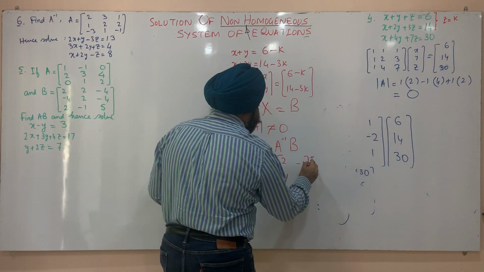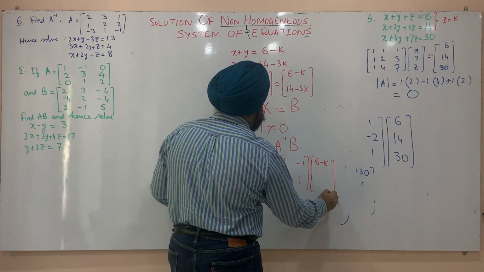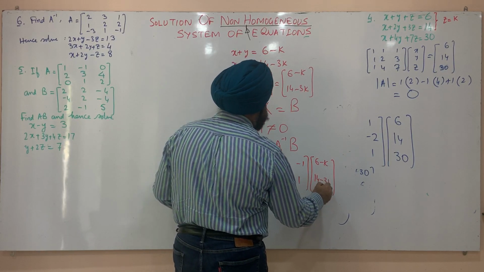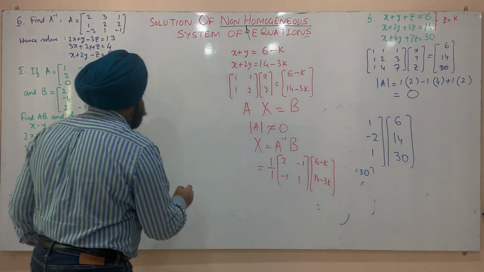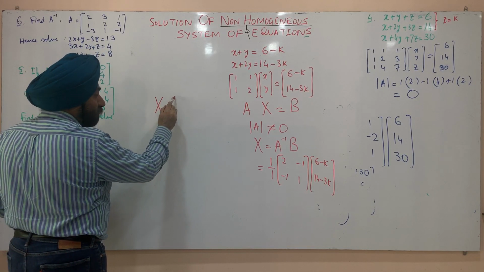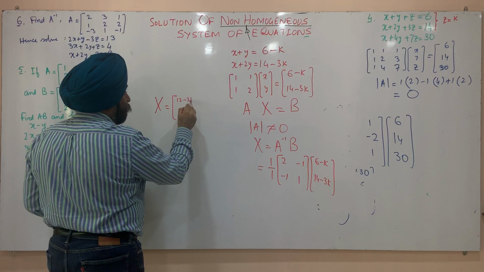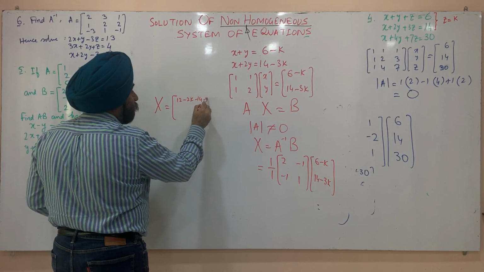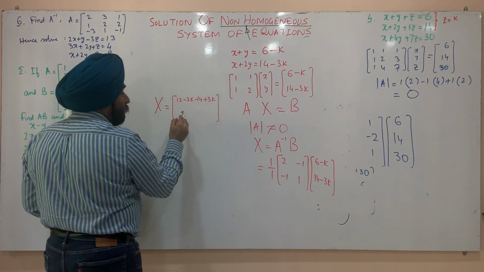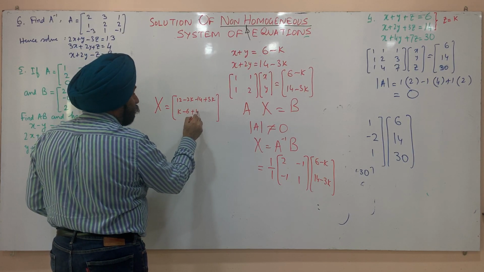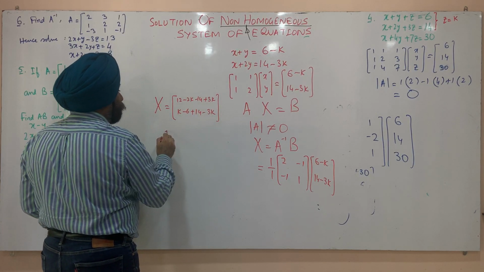So we write B here. This is 6 minus k, 14 minus 3k. That's X is equal to, multiply now, 12 minus 2k minus 14 plus 3k. Minus 6 plus k plus 14 minus 3k.